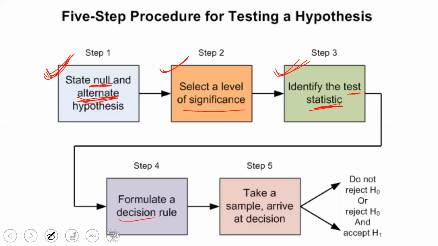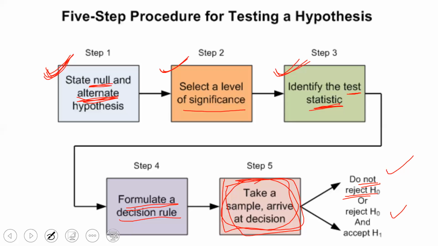After that we formulate a decision rule. These are the main steps. Take a sample and arrive at a decision, this part we don't need to include over here. By doing these four steps we'll be able to say whether we have to reject the null hypothesis or we don't have to reject the null hypothesis.